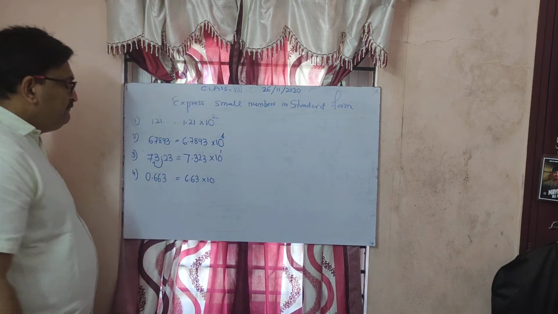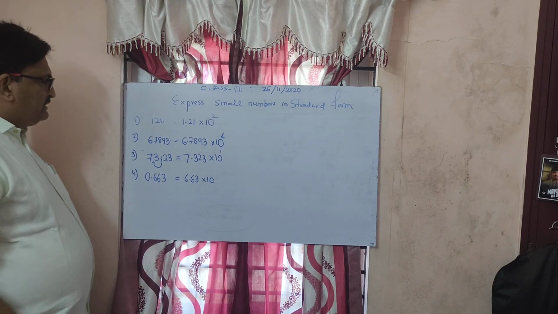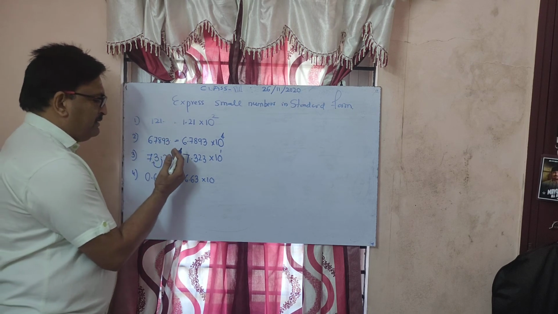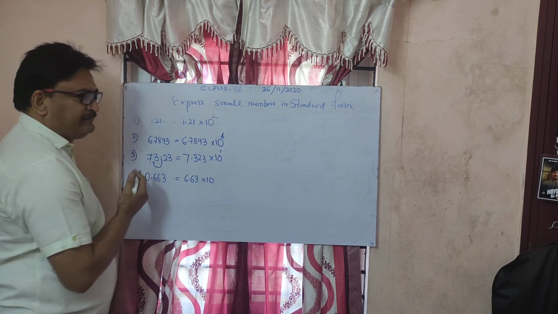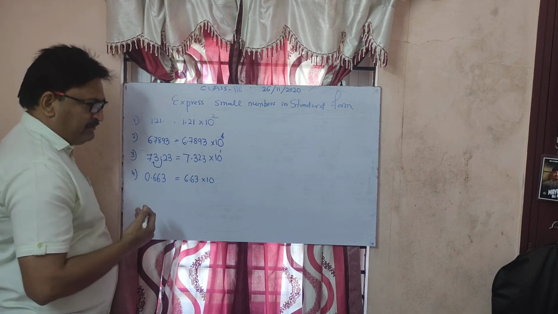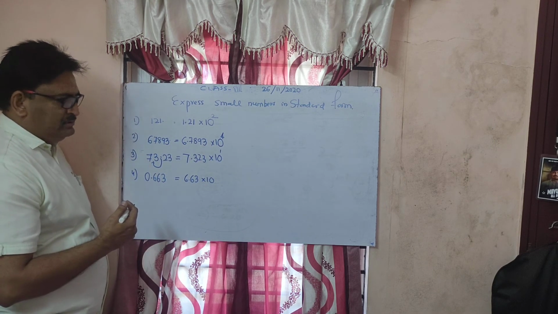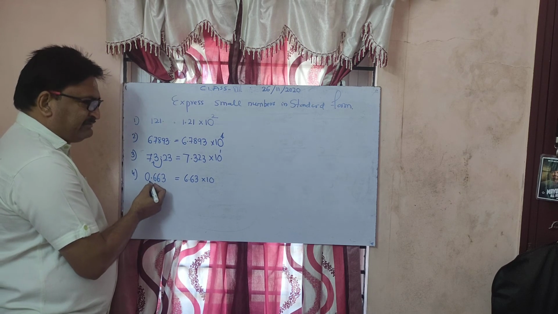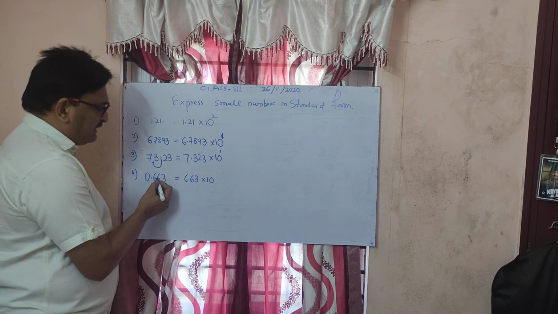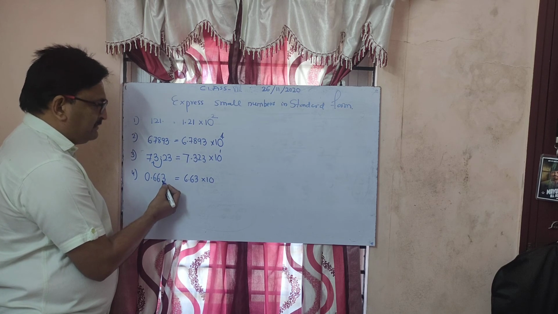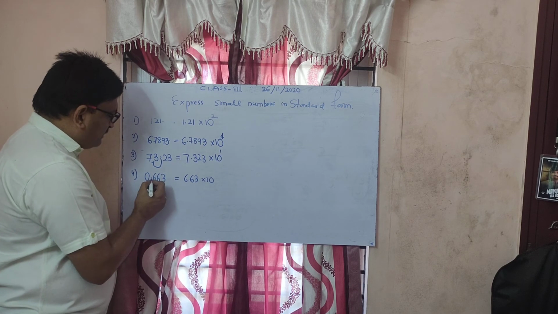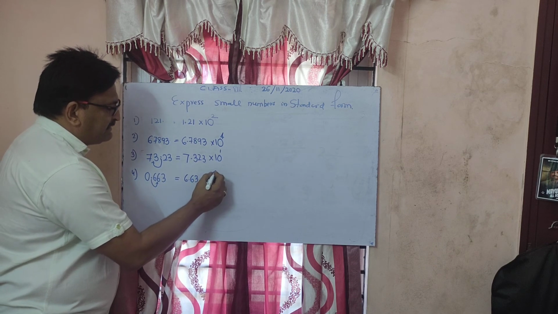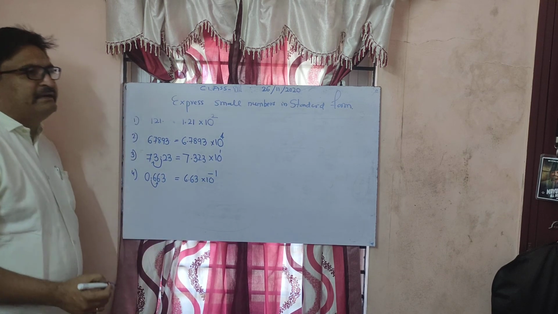Now look here. In the above examples, the point moved from right to left. Now the point is already on the left side, so it moves left to right. How many places did it move? Only 1 place. This is minus 1. The power will be negative.